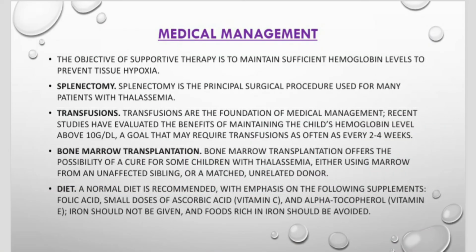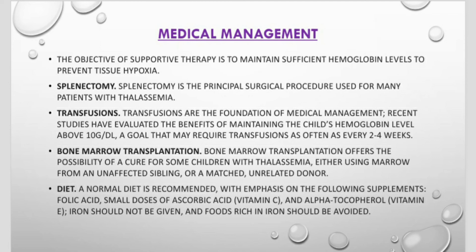The objective of supportive therapy is to maintain sufficient hemoglobin levels to prevent tissue hypoxia. Number one is supportive therapy. Number two is splenectomy.